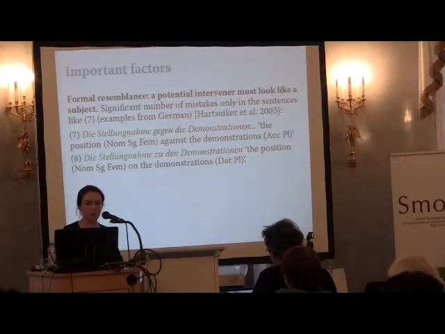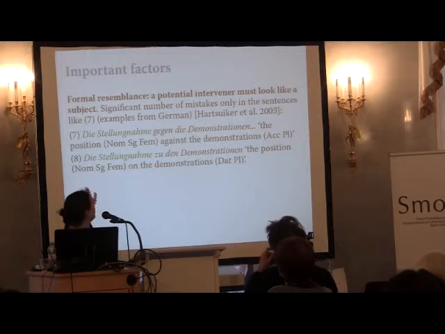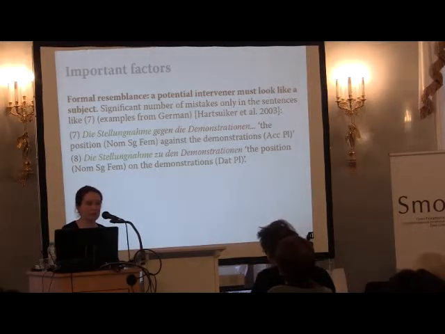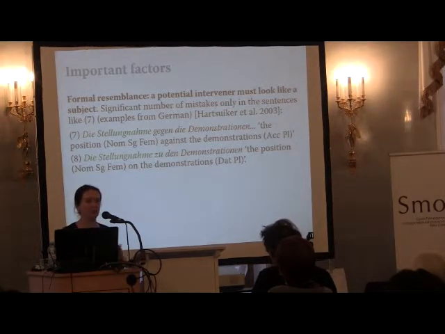In 7, "die Stellungnahme gegen die Demonstrationen," the position against the demonstrations, the dependent word, "die Demonstrationen," is accusative, and it coincides with the nominative plural form. In example 8, "die Stellungnahme zu den Demonstrationen," the position on the demonstrations, "den Demonstrationen" in dative plural does not coincide with nominative plural. Very few mistakes in 8, a lot of mistakes in 7.